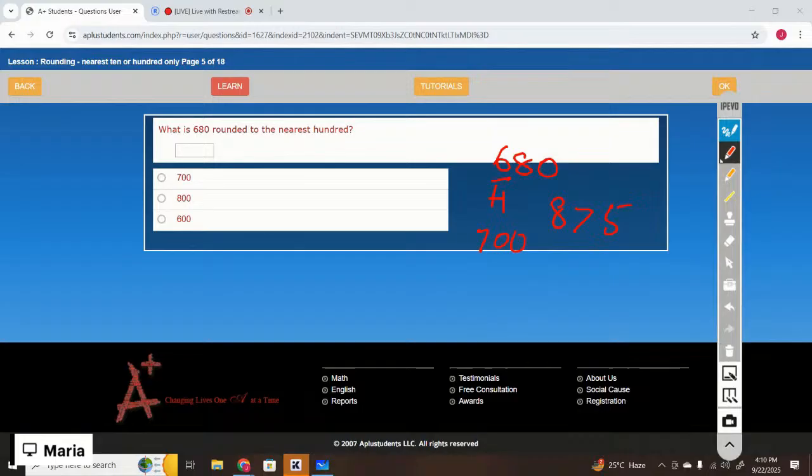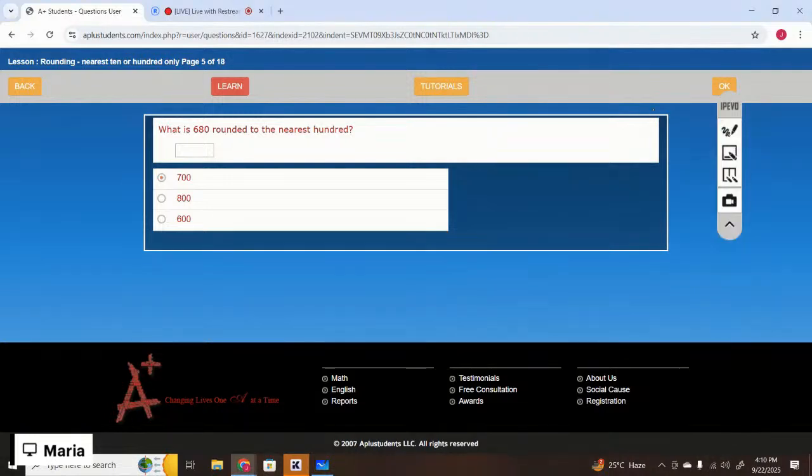So 682 is rounded to 700. That is 700. Option number 1 is the correct option.